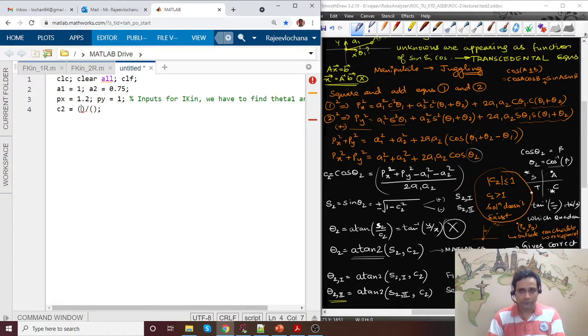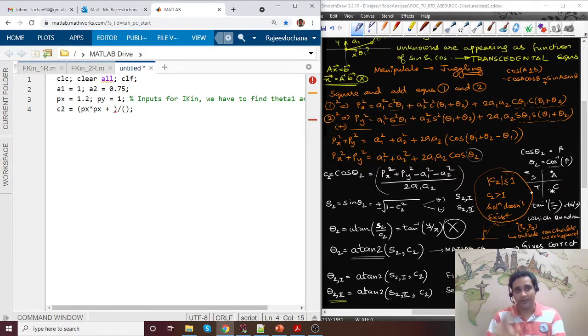Now Px square can be written like this: Px raised to the power 2. However, sometimes you may end up having more computation. So instead what we do is we write Px square as Px into Px, both are the same. It is always better to use square like this. Cube also you can try to use, Px into Px into Px, if at all it is there.